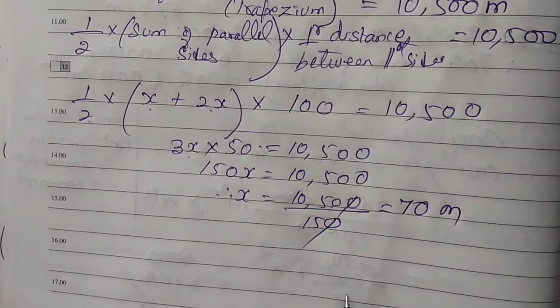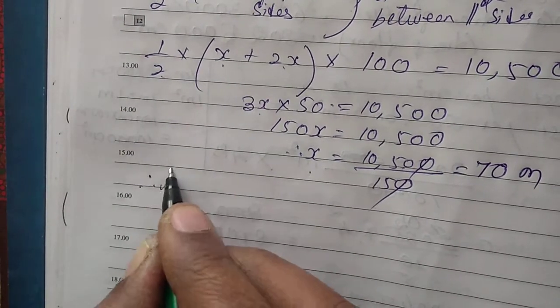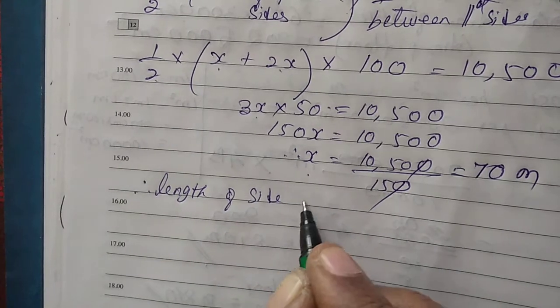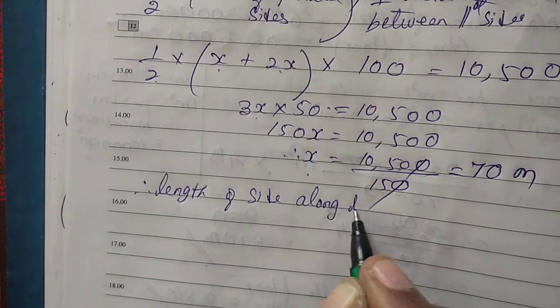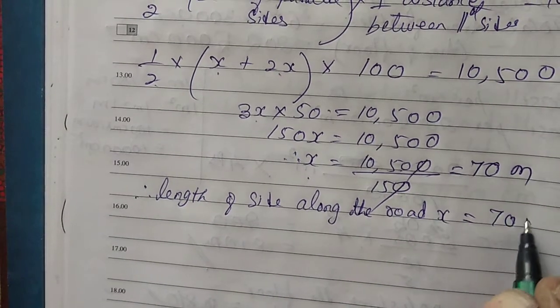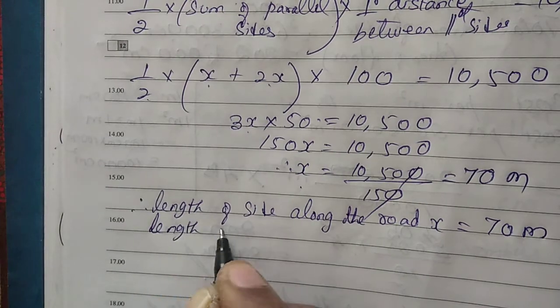Therefore, length of side along the road, we have taken it as x, which is 70 meter. Also, length of side along the river.